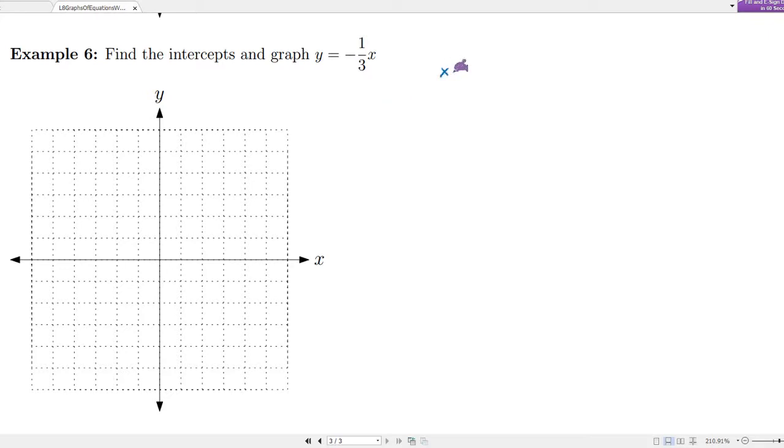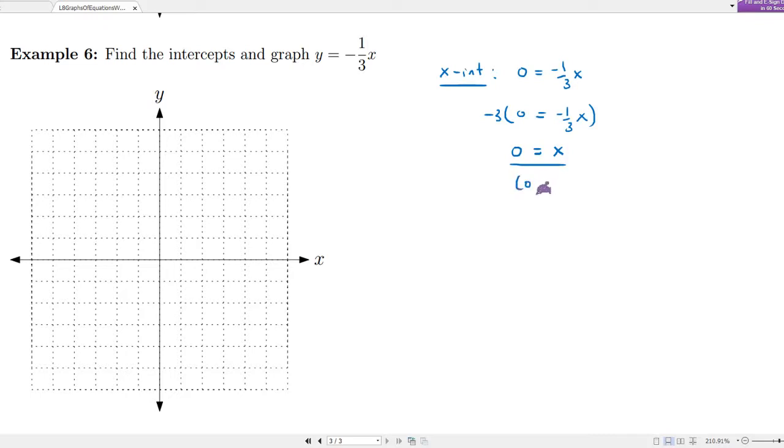So the x-intercept. In that situation, y is going to be 0, so let's solve that. So 0 is equal to -1/3 x. And to solve this, we could multiply both sides by -3 to cancel this out. So we'll have 0, and then -3 times -1/3 will be a 1, so we're just left with x.